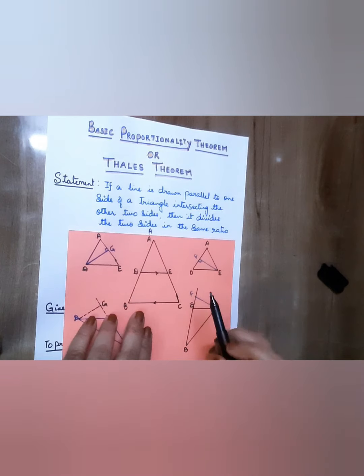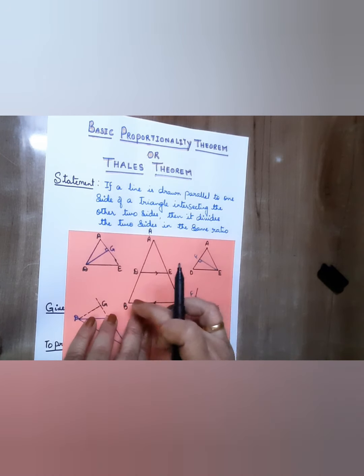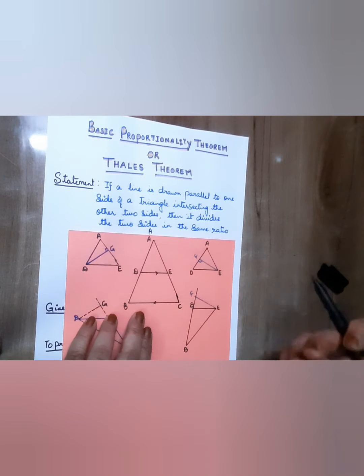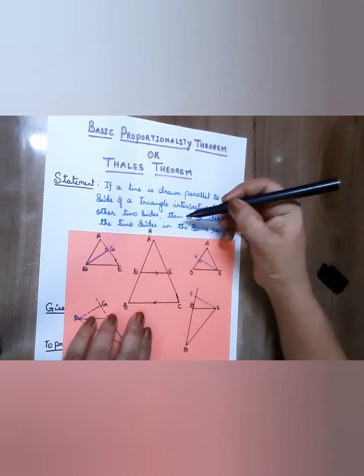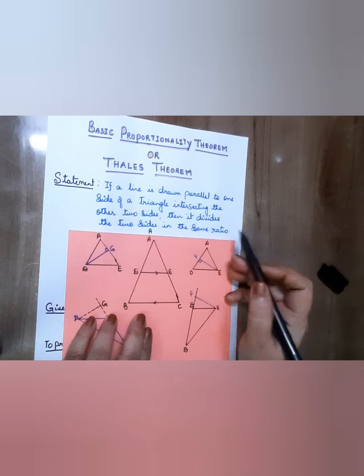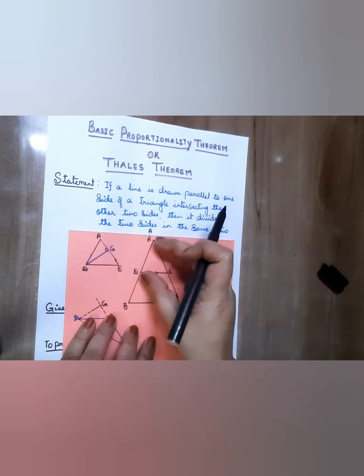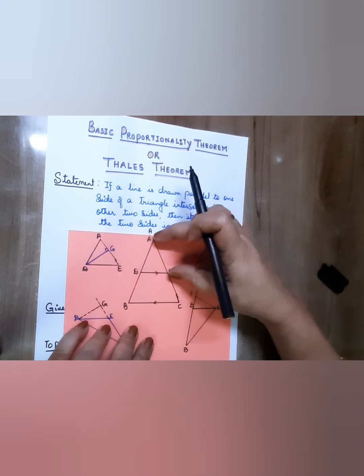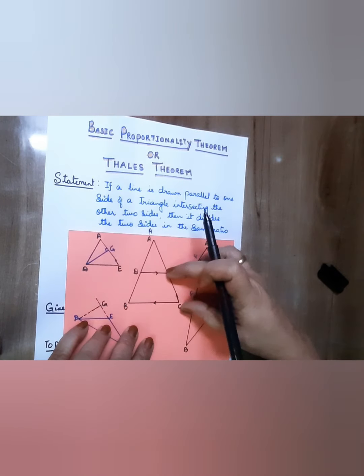This is the first condition given over here, that DE is parallel to BC, then only BPT will start. Then it divides these two sides in the same ratio. That is, same ratio means AD by BD will be equal to AE by EC.